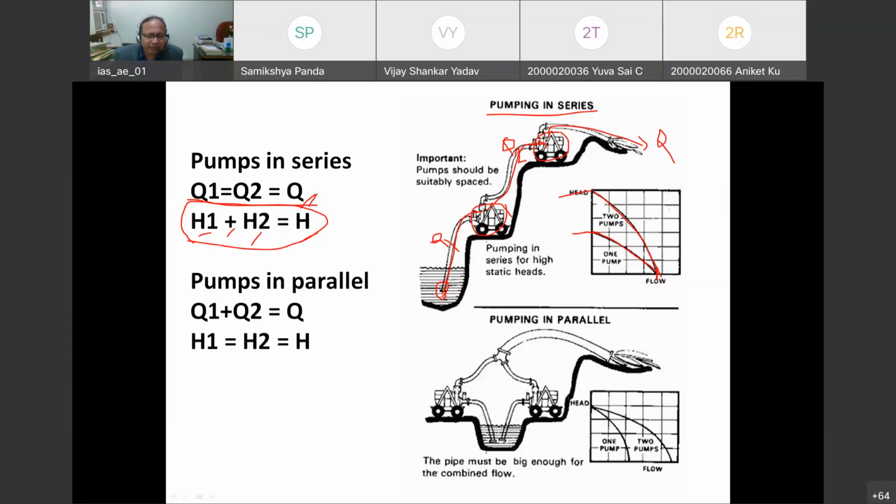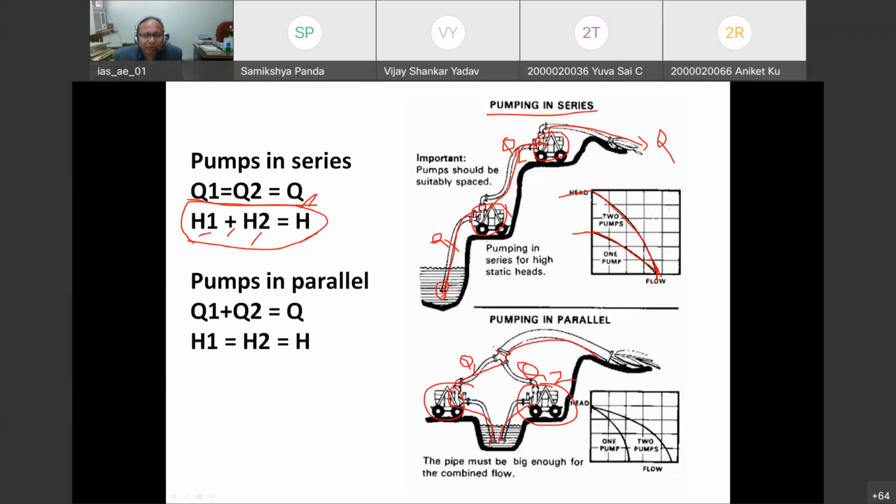Similarly, if you go for pumps in parallel, let's say this is one pump and this is another pump, and it is giving the discharge. Let's say discharge Q1 is coming from this pump, and from the other pump discharge Q2 is coming. From both pumps water is coming and joining into a single pipe.